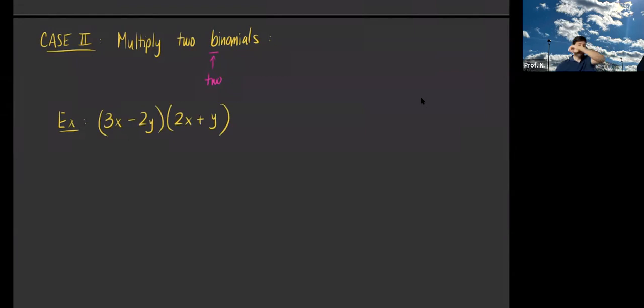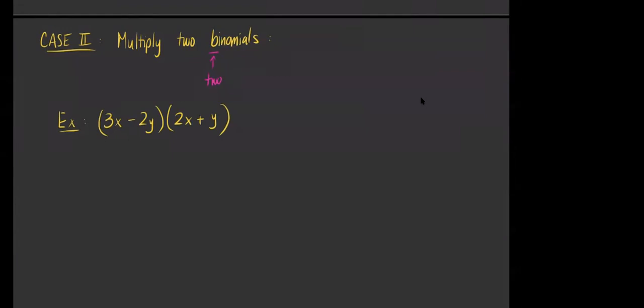Does anybody know how to multiply this? So you multiply 3x by 2x, plus 3x multiplied by y.